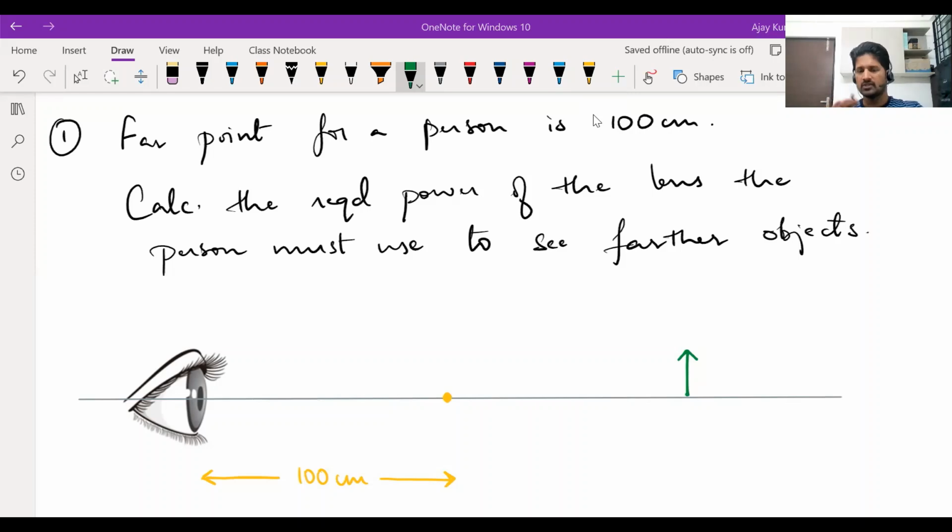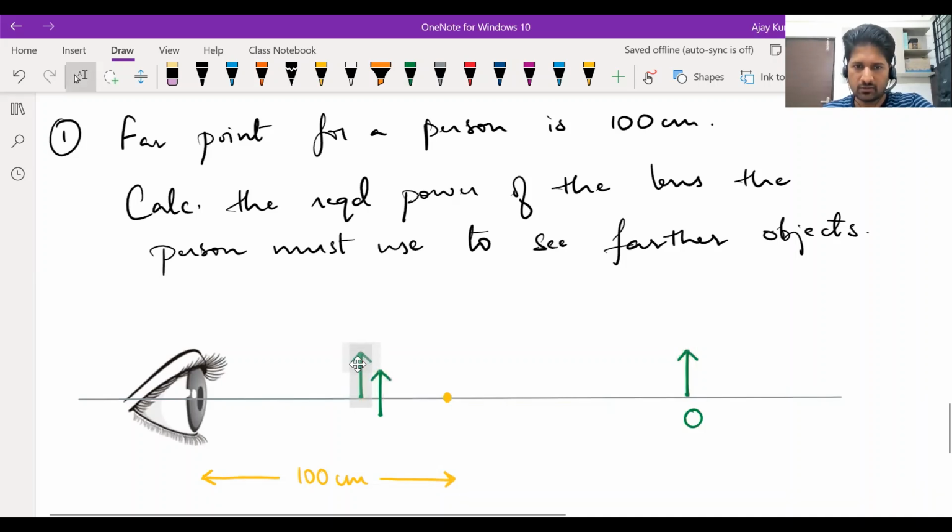See, the solution here is if there's a faraway object, far away meaning not at infinity, any distance greater than 100. If there's an object like that, what the extra lens, the specs, should do is form an image of this object within 100 centimeters.